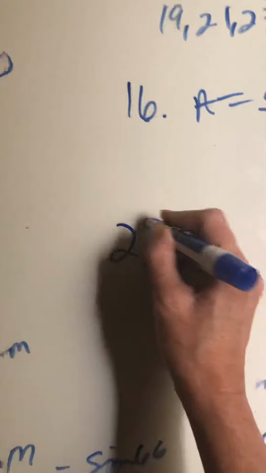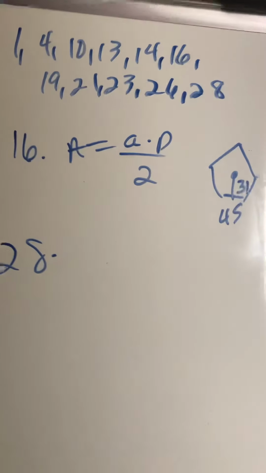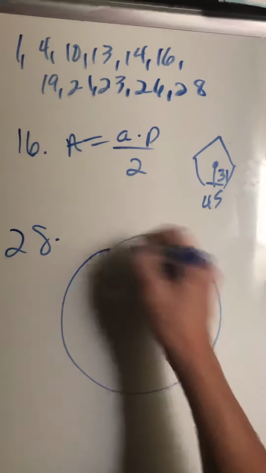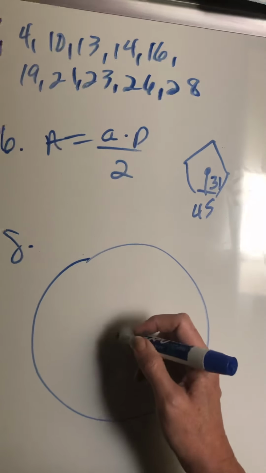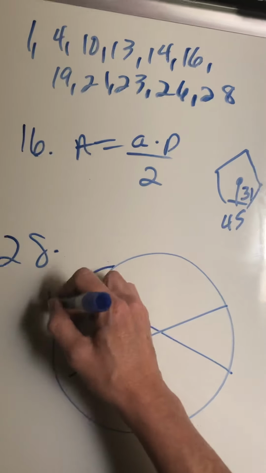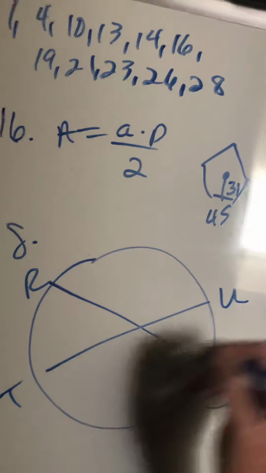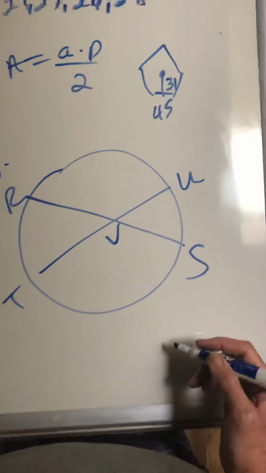28, I want to draw 28 for you. So you'll have the circle to draw for 28. It just says 2 chords in a circle, RS and TU, intersect at V. So here's my circle.